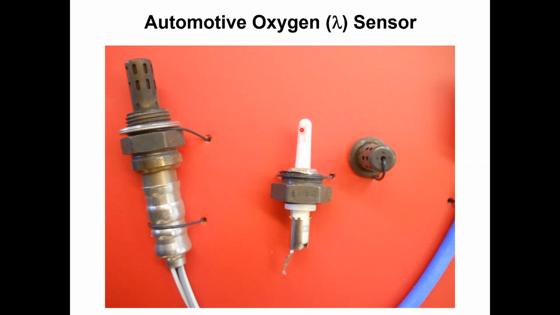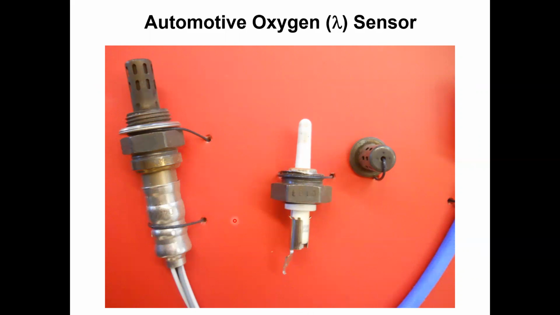Here is your stabilized zirconia tube that is painted inside and outside with platinum. And this is covered with this stainless steel housing with the hole that will allow the exhaust gas to come in. And you can see it's connected to the onboard electronics.